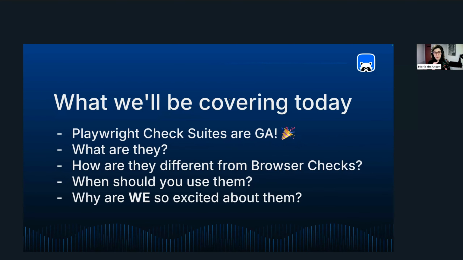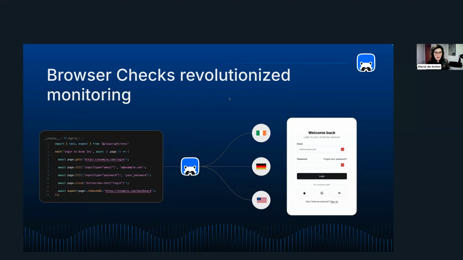Then we're also covering how they are different from browser checks, when should you use them, why you care about them, and in which cases you want to use a Playwright check. Because at this point, you should be thinking, wait, why is it different and why do I care about it? This is what we're going to cover, and you should also hear about why I am, and we are, so excited about them.